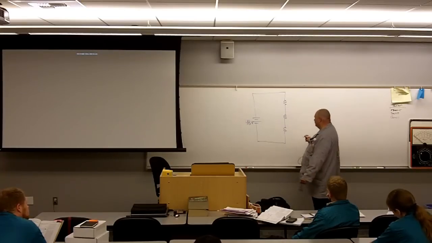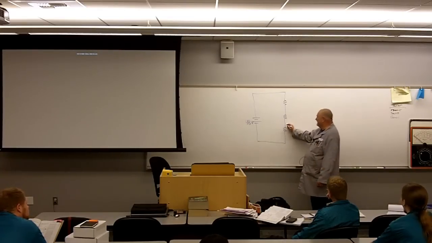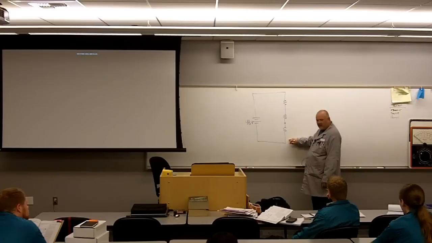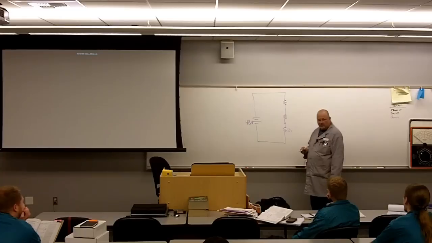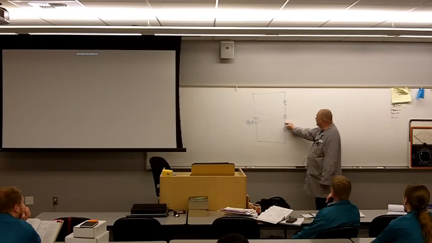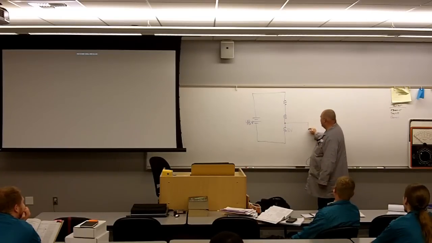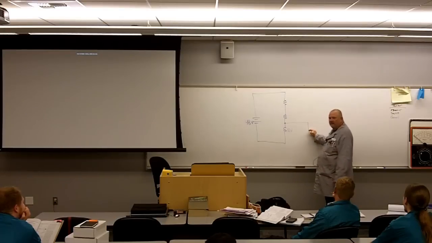So what I need to do is connect that radio to this resistor right here and have this resistor produce 12 volts across it. When I connect my radio, which I'm going to represent, does anybody know a symbol I could use to represent a radio?